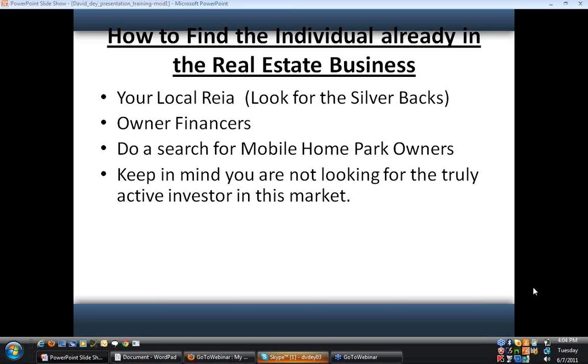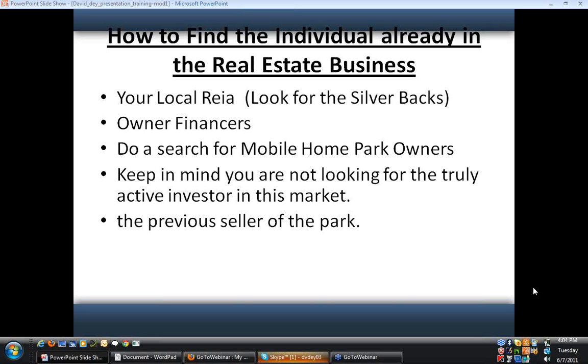But where that can come in handy is they are very likely to partner on deals, because that's another deal. So if you want to deal with active people, you can talk about partnerships. But if you're looking for private lenders, you want to go for the closer to retired group.